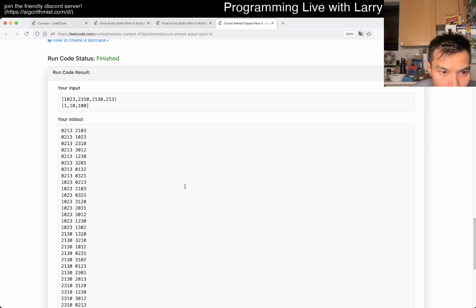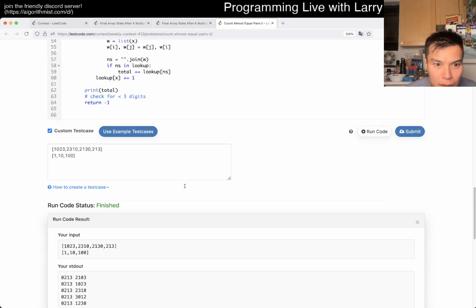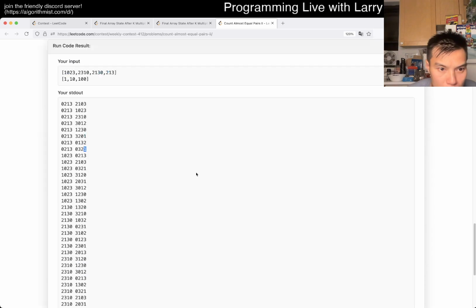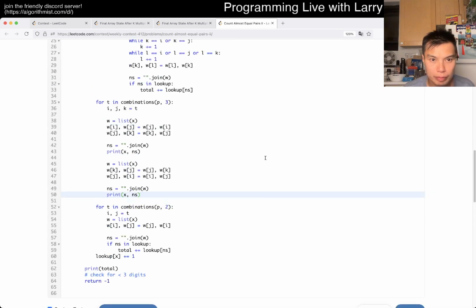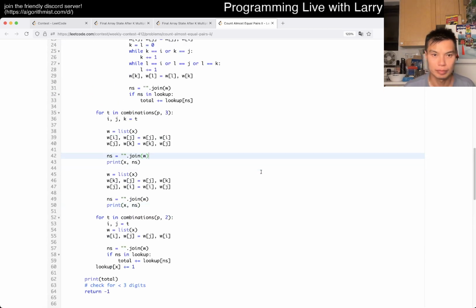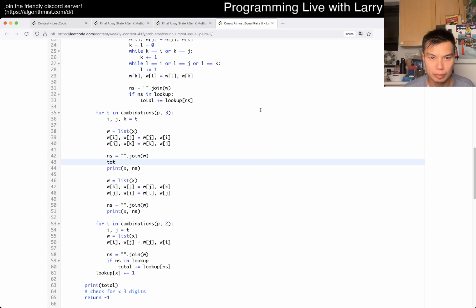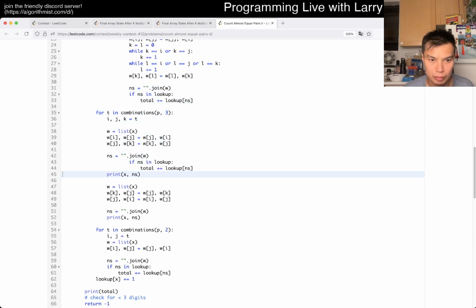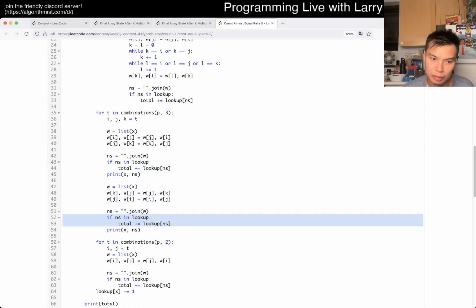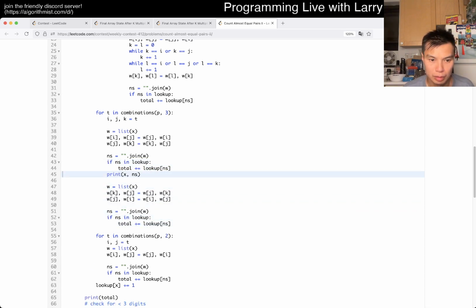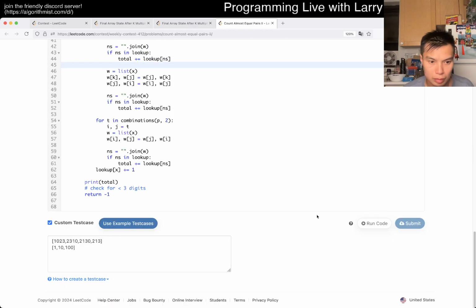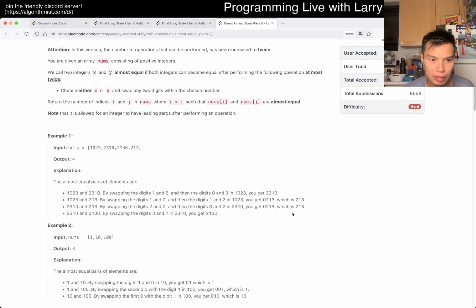It doesn't look like we're double counting, which is good. 5 and 6.